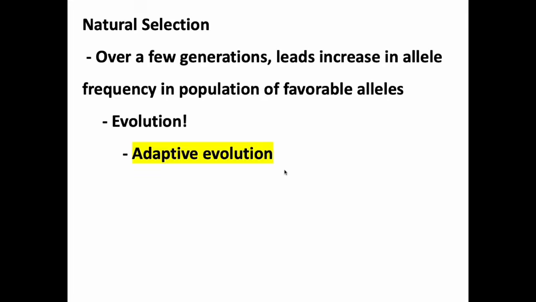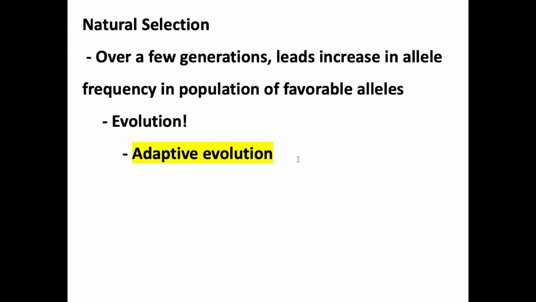So adaptive evolution just means good stuff becomes more common, bad stuff becomes less common. And yes, natural selection leads to adaptive evolution. That's the relationship between these two terms. This is natural selection, and this is what it causes.